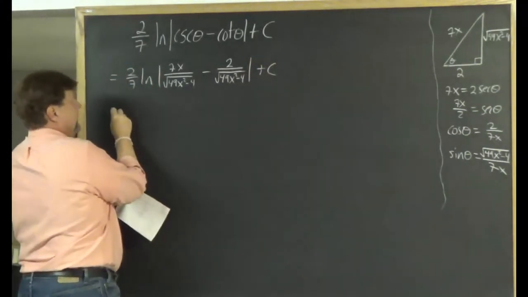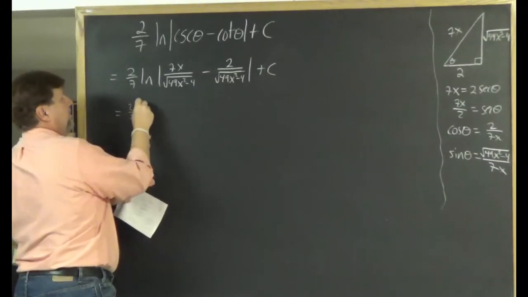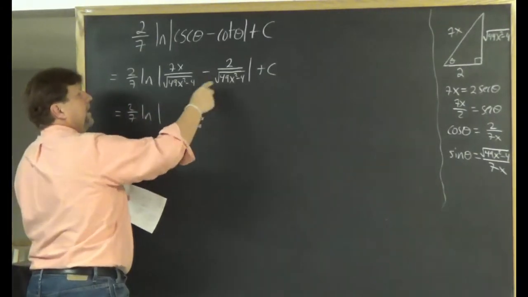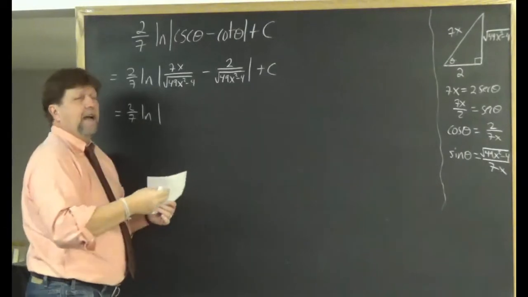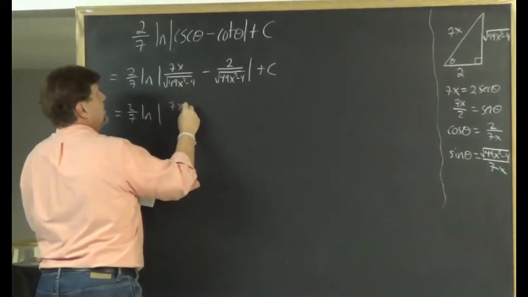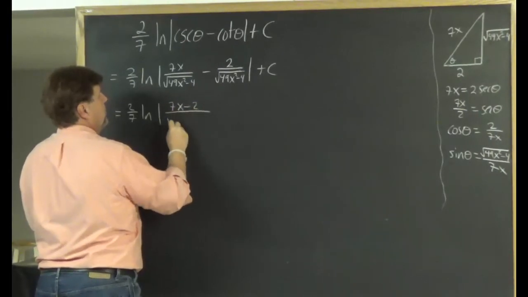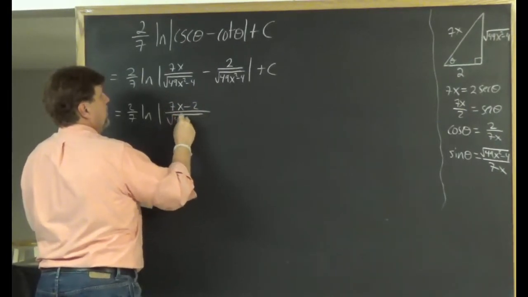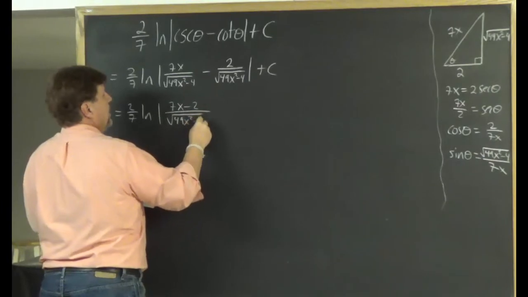Oh, we're going to clean this up a little bit. Notice inside the absolute values, we have a common denominator, so we might as well make it one fraction: 7x minus 2 over the square root of 49x squared minus 4.